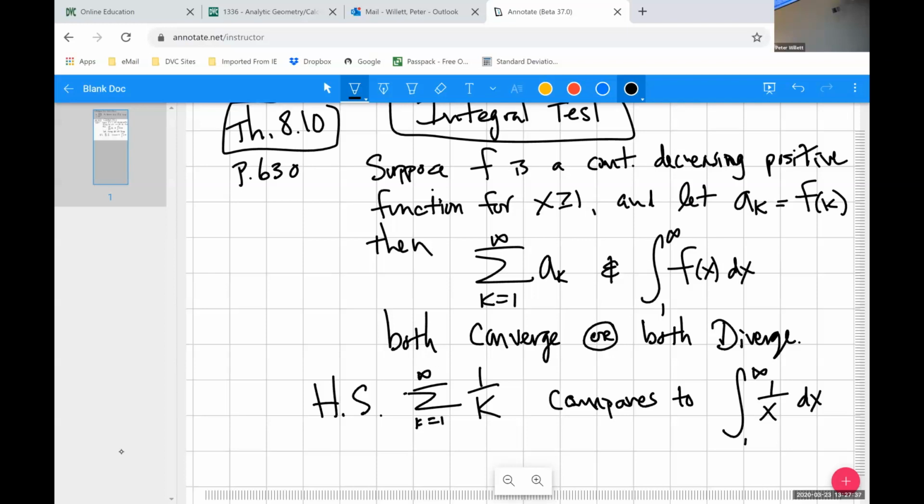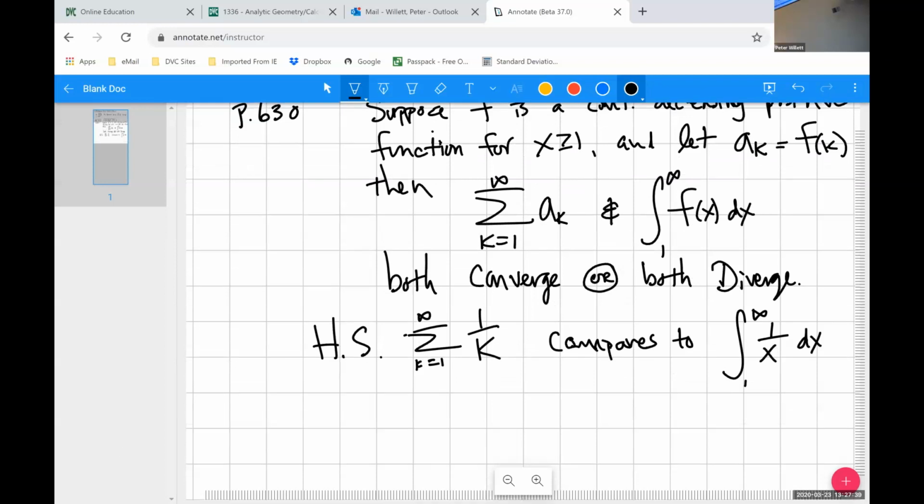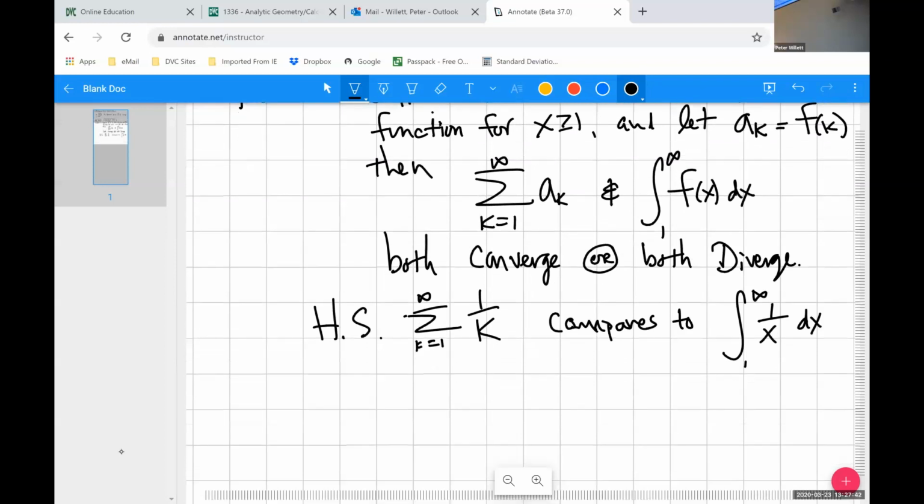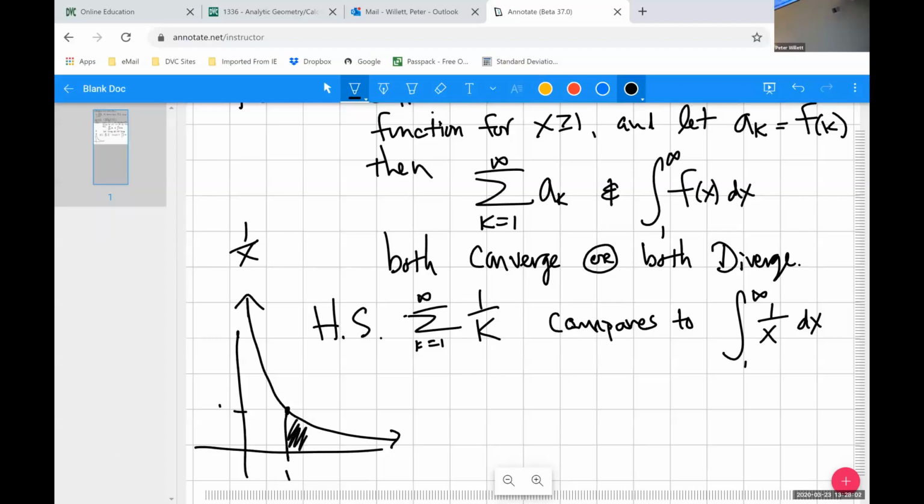And that's one of the ones we did in chapter 8. In fact, that was a crucial one that I said we should look at very carefully, because later that's going to translate to the harmonic series. So again, this was that function 1 over x, where it goes through the point 1, 1, and then we could consider the area under the curve to the right of 1 in that tail. So that's what this improper integral represents.